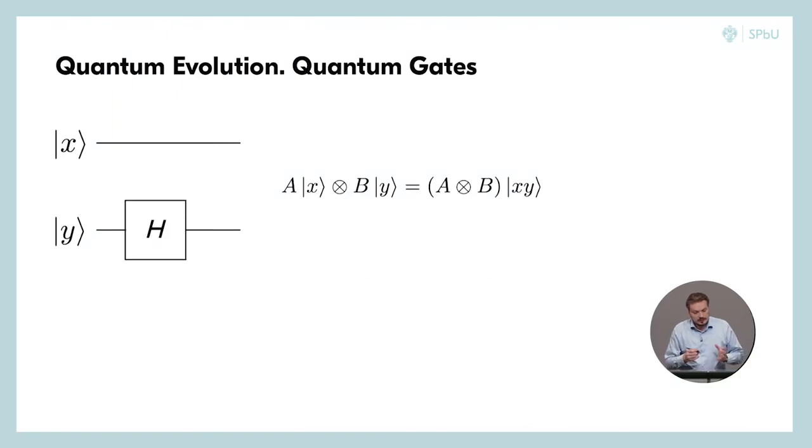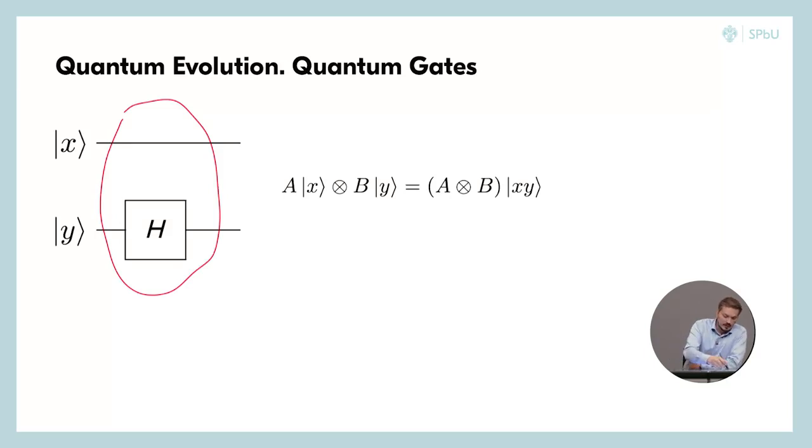Okay, what if we have this situation? The dimensionality of the space is still 4, so the whole matrix here must be 4 by 4. But we don't have anything here to compute this tensor product. Actually, we do: if nothing happens here, then we can place an identity operator here, which does nothing.